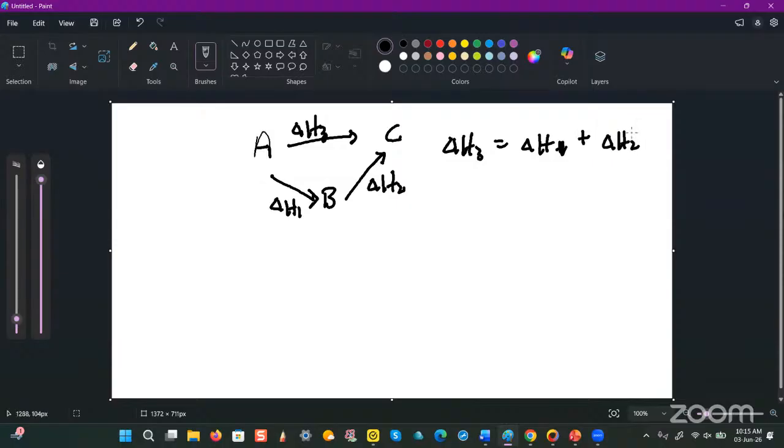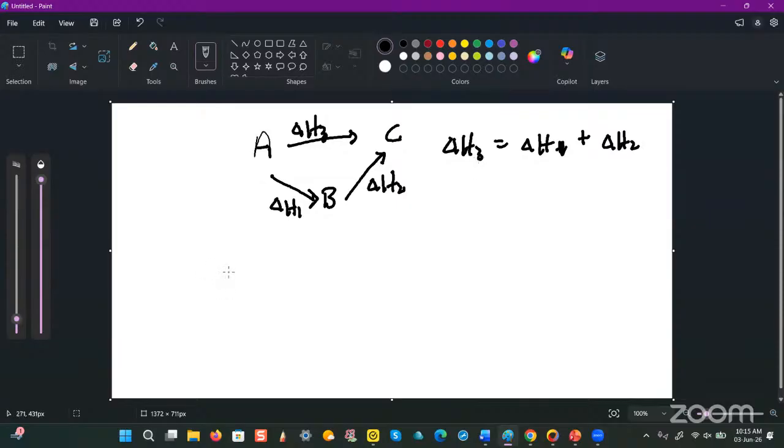This is convenient if, experimentally, it's very difficult to determine delta H3 but you know delta H1 and delta H2. You can just add delta H1 to delta H2, and that will give you delta H3 without carrying out the experiment to determine delta H3 directly. That's the utility of Hess's law.